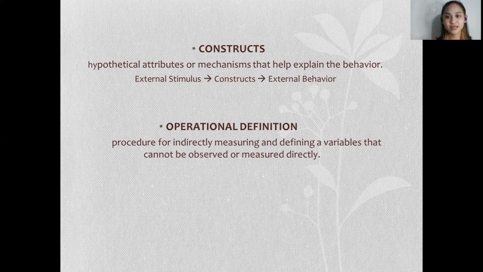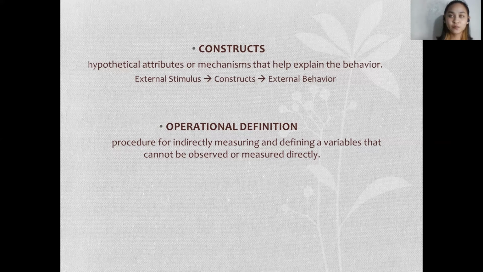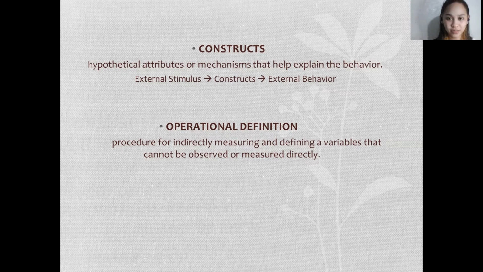The rewards is the external factor and then the construct is the motivation. The external behavior is performance. The rewards can affect the motivation, then motivation can affect the performance. A construct is also a variable that cannot be observed or measured directly.